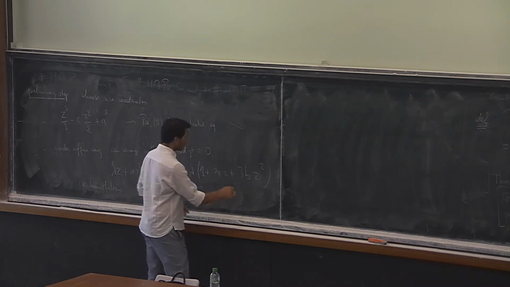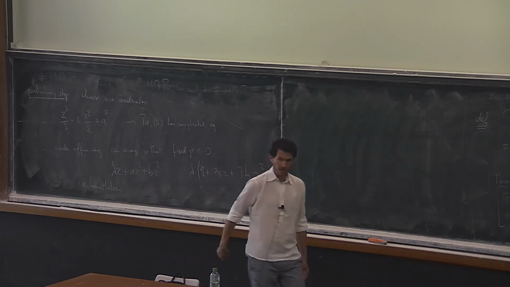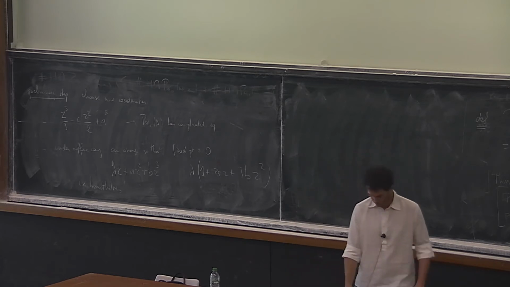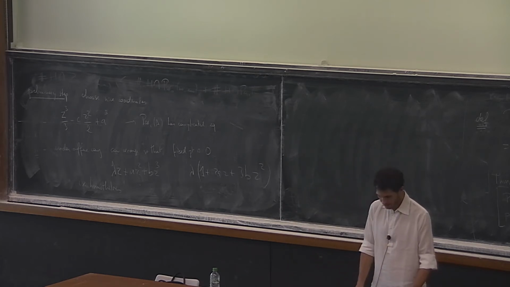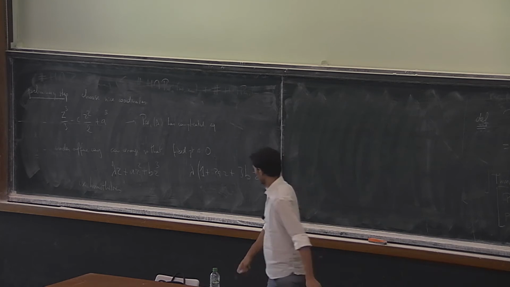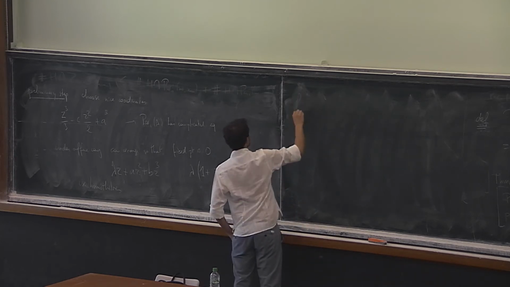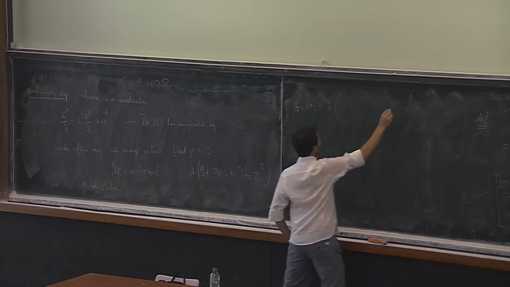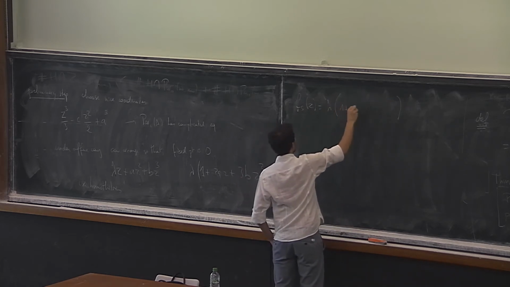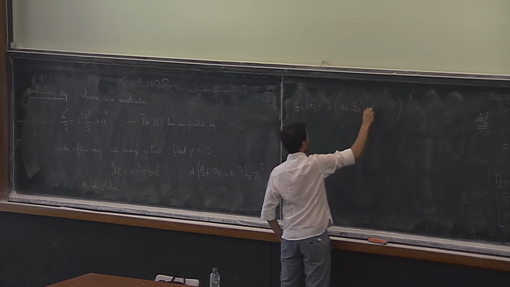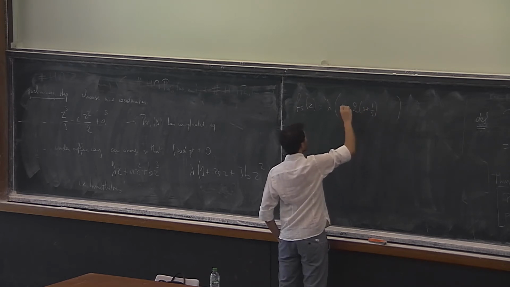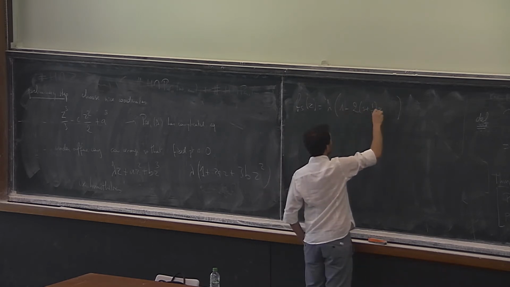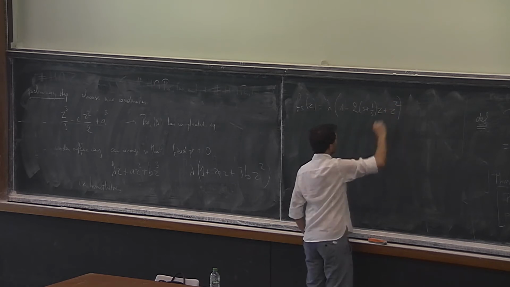As I said, I must be able to solve this equation and find the two solutions. So let me give you the formula. The parameterization that I use is this one: F_s of z is lambda times (1 plus (s plus 1 over s) minus 2) z plus z squared.